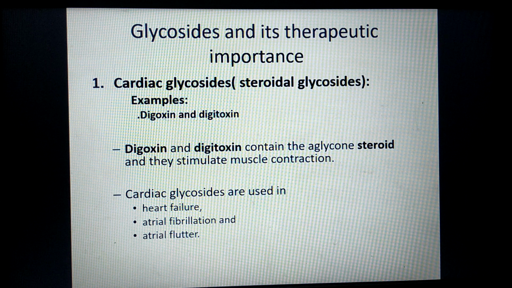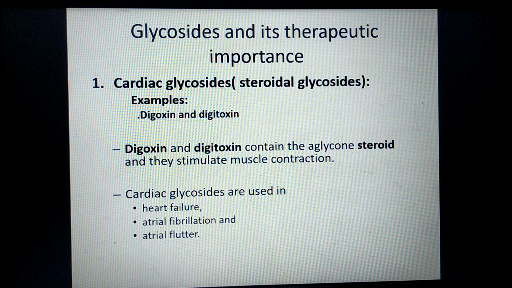These two cardiac glycosides contain steroid as an aglycon part, which stimulates the muscle contraction, or increases the strength of contraction. This property is very useful in patients with heart failure, atrial fibrillation and atrial flutter.